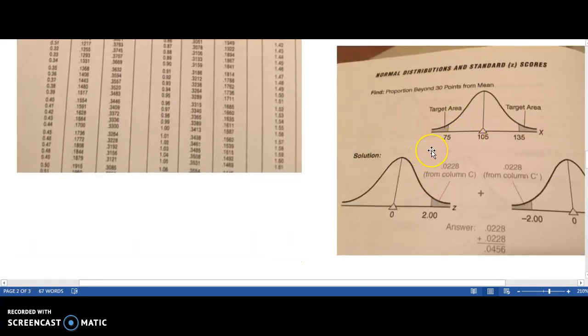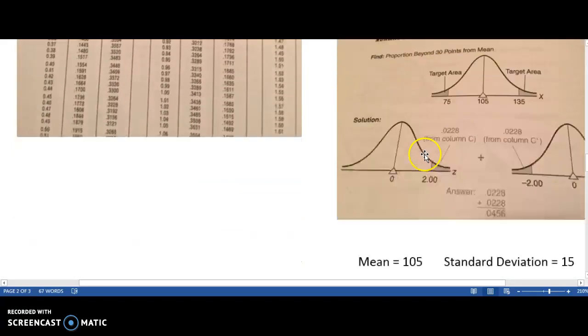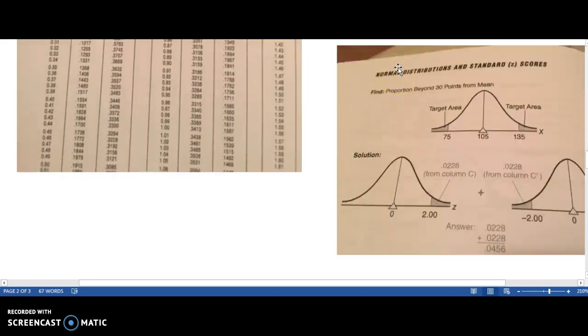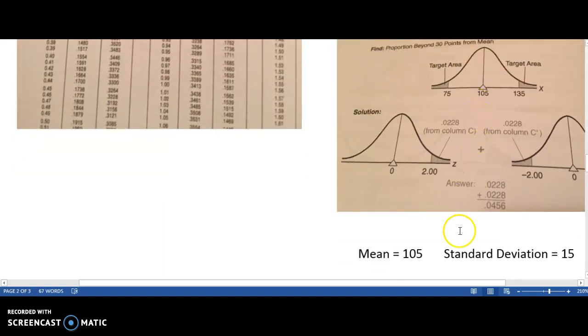On the next page is an example where they walk you through how to find the area under the curve to the tails together. Again, in this problem, they're looking for the proportion of the population that is beyond 30 points from the mean. This was an example where they gave you a mean of 105 with a standard deviation of 15.